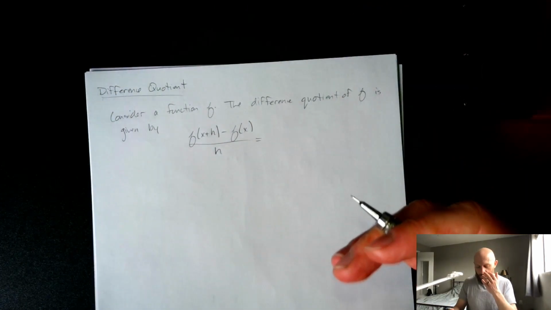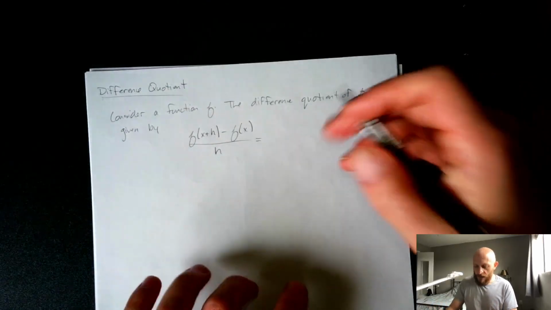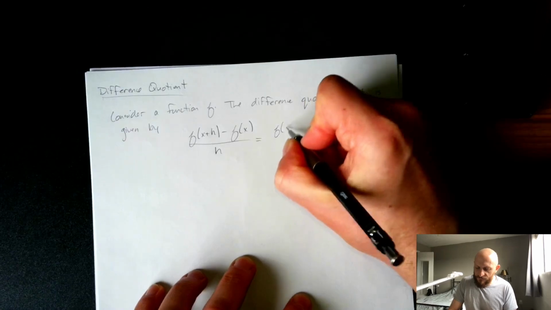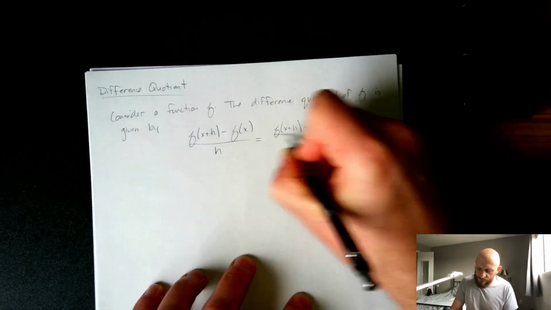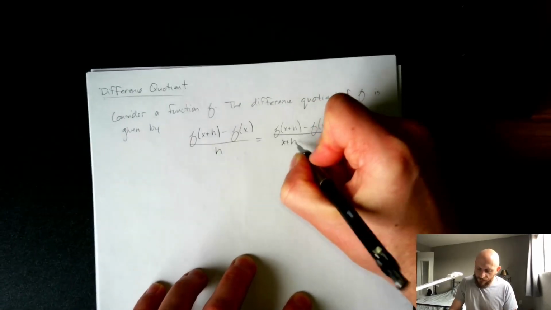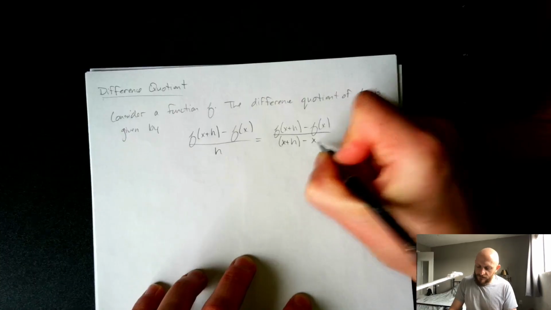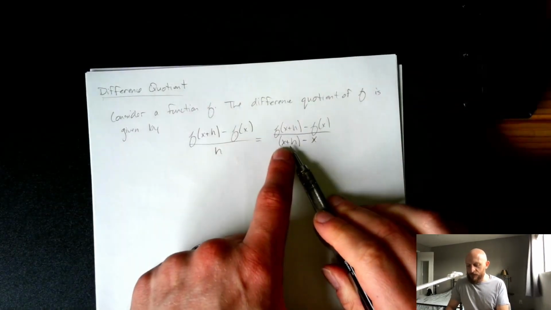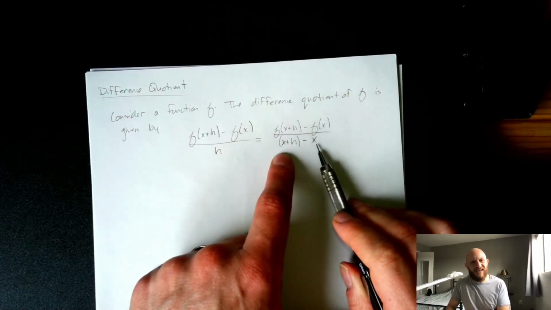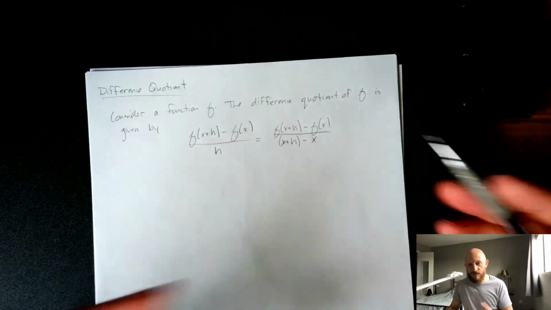Or I should say, a really familiar rational expression. Because I could write this as f of x plus h minus f of x over x plus h minus x. These are the same things, right? Because in the bottom here, x plus h minus x, the x's just cancel, and you're left with just h.